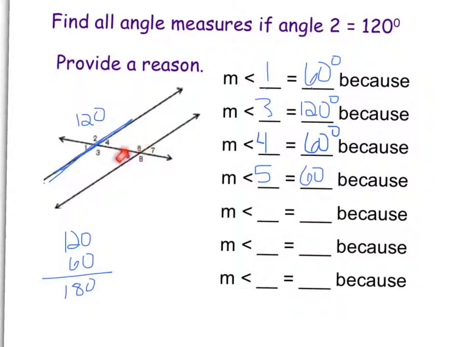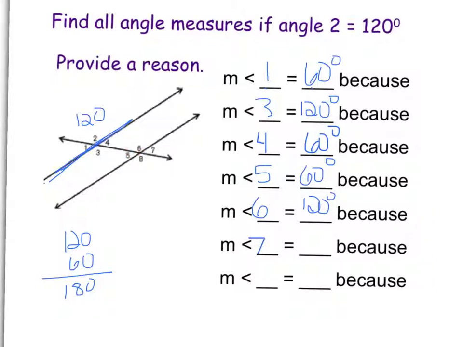So next I'm going to go to 6. 6 is 120 degrees, and one rationale is that it is corresponding to 2, or supplementary to 5, or alternate interior to 3. You could use any of those. Angle 7 is next.